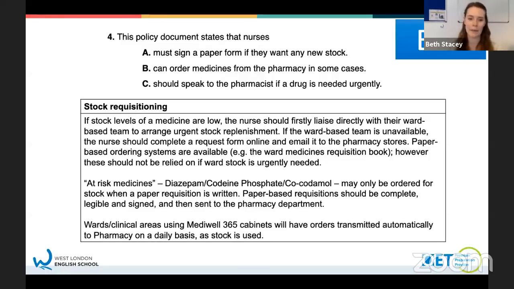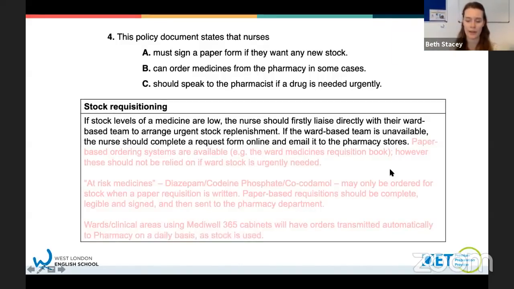Okay, so remember with this question that we are looking at process of elimination. So we're going through the answers and thinking which ones are right and which ones are wrong. So if we look at the beginning, if the stock levels are low, we know this whole thing is about replacing stock.